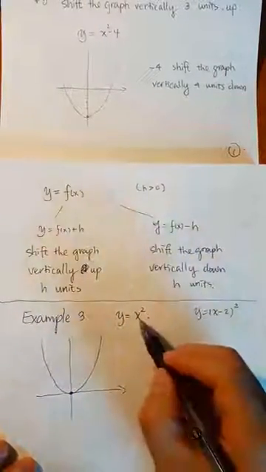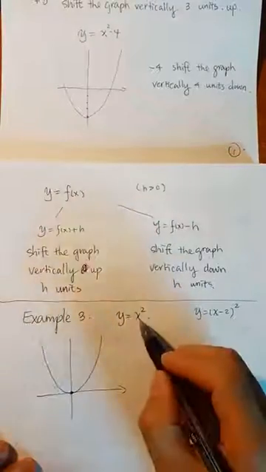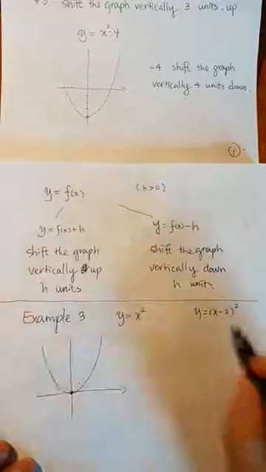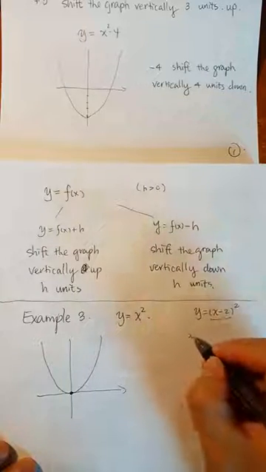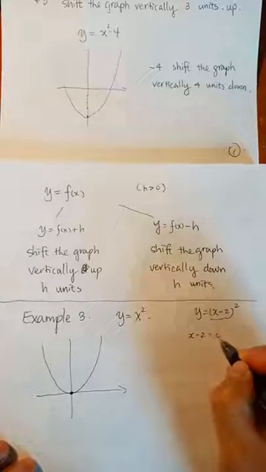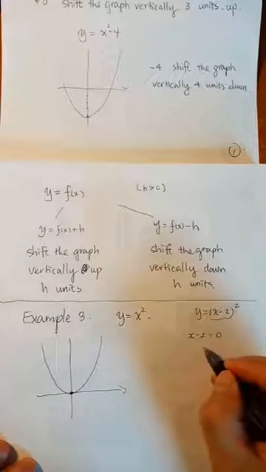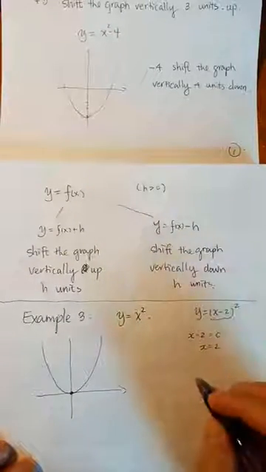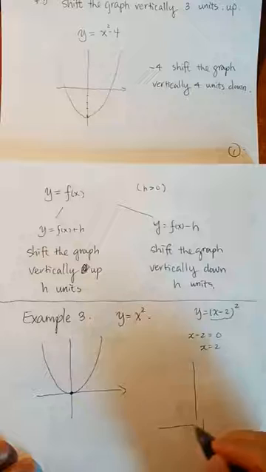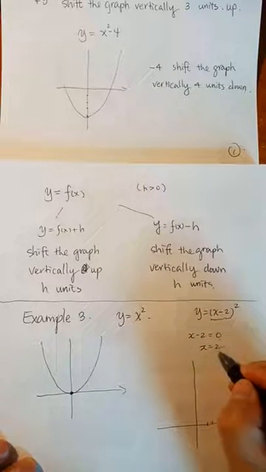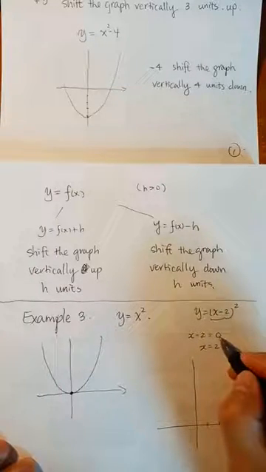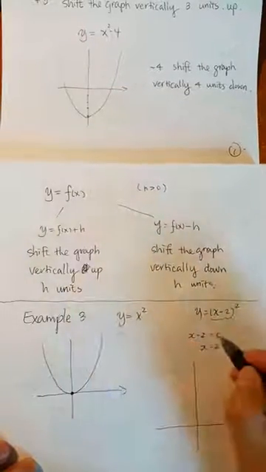Let's check. For x squared, x equal to 0 is the origin. If I want to get 0 from x minus 2, I get x is equal to 2. So it means the behavior of the new function at 2 is identical to the behavior of the original function at 0.